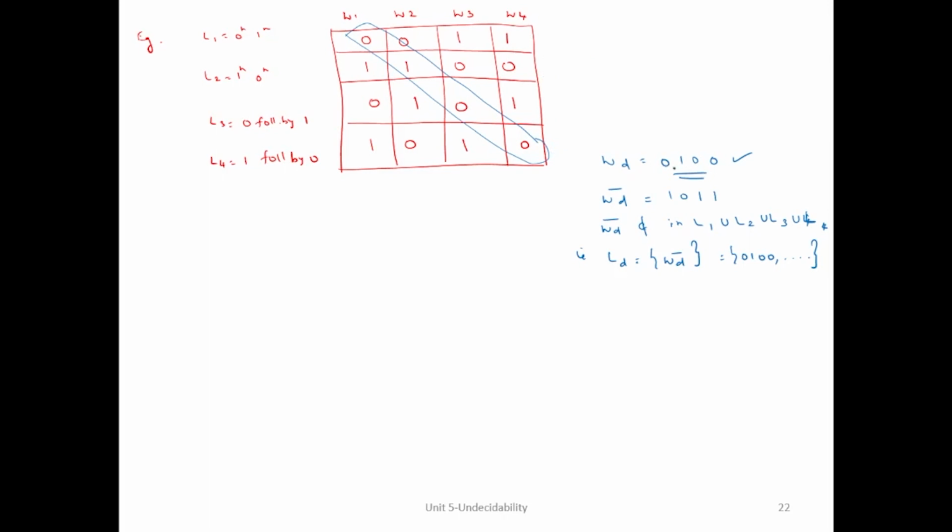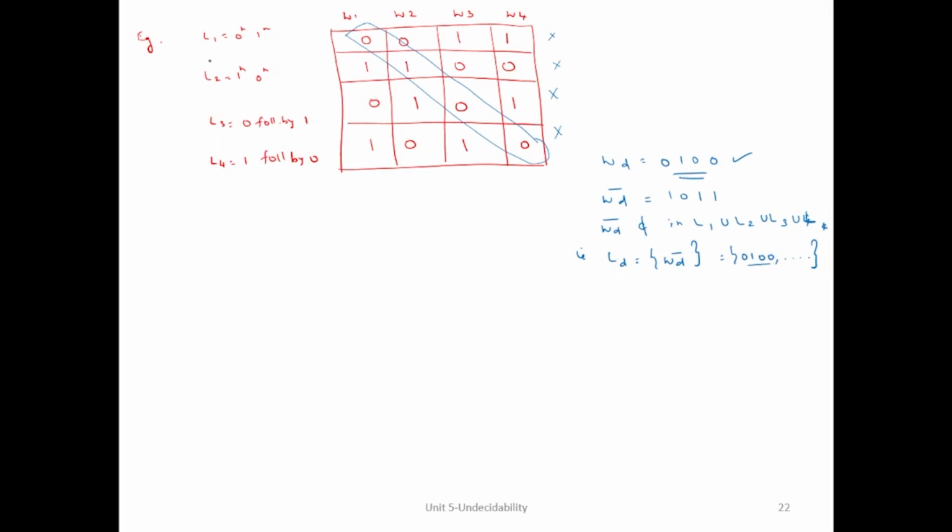It is not in L1, not in L2, and not in L3 and L4. So the diagonal value is not accepted by any of these languages. So the first string for the diagonal language is 0100.